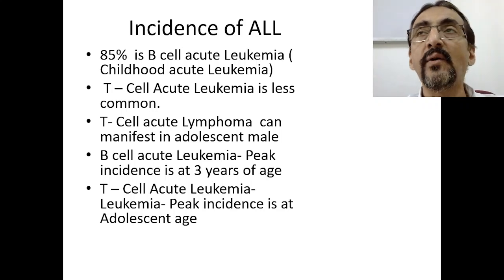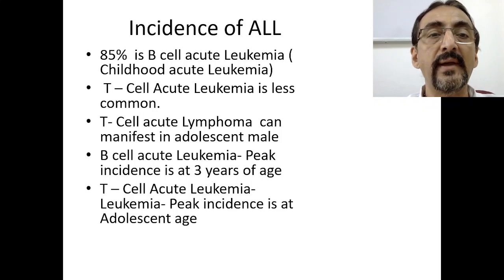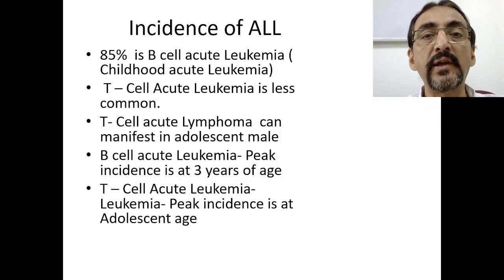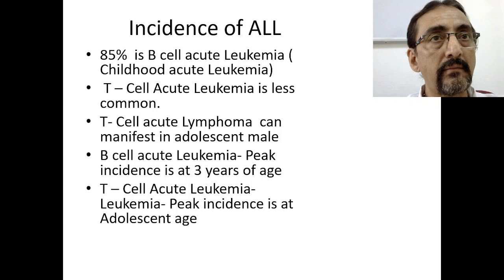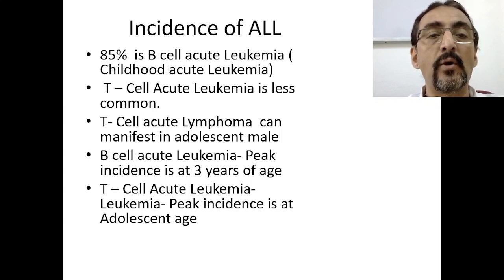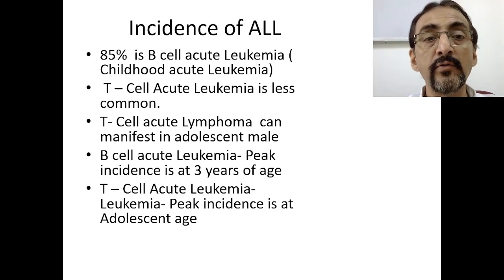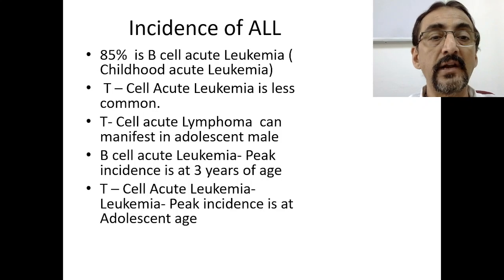Talking about the incidence of ALL, 85% of the B cell acute leukemias, also called childhood acute leukemias, are ALL, and T cell acute leukemia is less common. B cell acute leukemia is more common, T cell is less common. T cell acute lymphoma can manifest in adolescent males also, but leukemia is most common in childhood.